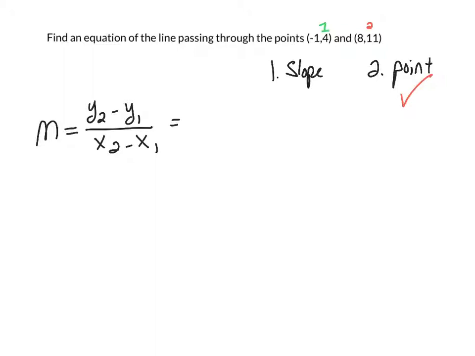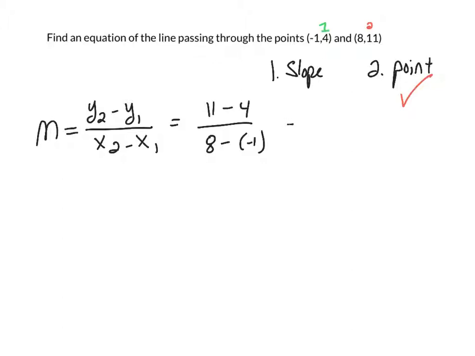So y2, the coordinate over here, is 11, and y1 is 4. So I get 11 minus 4, divided by my x2 coordinate, which is 8, minus my x1 coordinate, which is negative 1. So I'm going to put this in parentheses like this: 8 minus (negative 1).